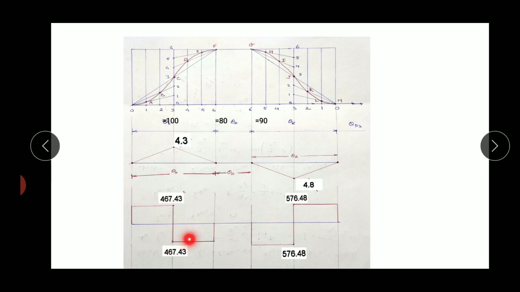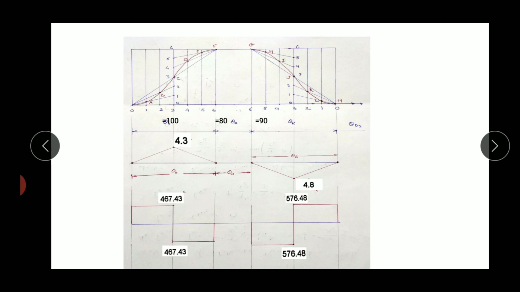During the second half, it is negative as its slope is negative in the velocity diagram, so here the retardation or deceleration is negative. Similarly, during the first half of return stroke, the slope is negative, that's why it is negative acceleration or retardation. And during the second half of return stroke, the slope is positive in the velocity diagram, that means acceleration is positive, so it is positive over here.